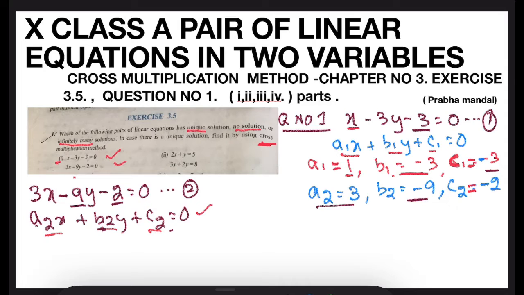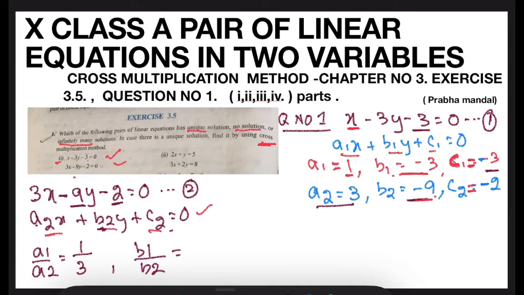Now, third, we shall find the ratios. First, a1 upon a2: a1 is 1 and a2 is 3, so it is 1 upon 3. Then we write b1 upon b2: b1 is minus 3 and b2 is minus 9.